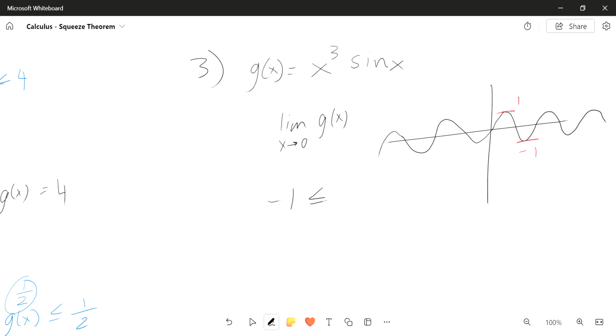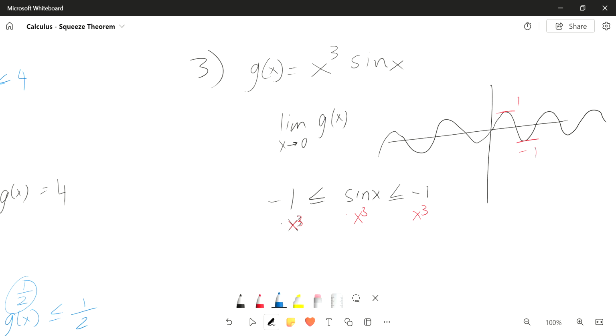So you can write negative 1 is less than or equal to sine x is less than or equal to 1. And now where does the x cubed come in? You can multiply all of these by x cubed. So multiplied by x cubed, multiplied by x cubed, and I will also multiply this by x cubed.